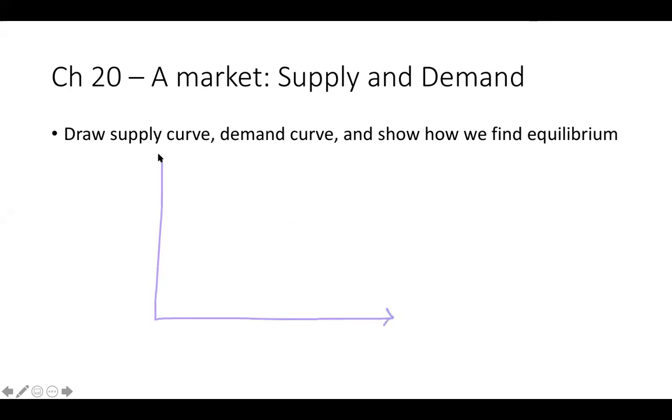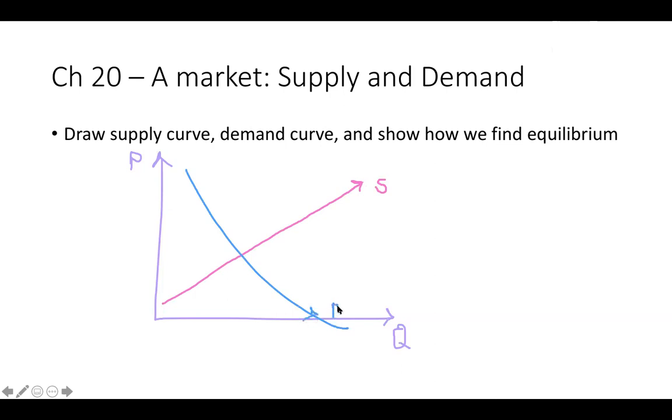drawing out our axes. Once again, we're always going to have price on that left-hand side and quantity on our bottom x-axis. Price is always going to be that y variable. So I have some supply curve here and some demand curve that looks like this.